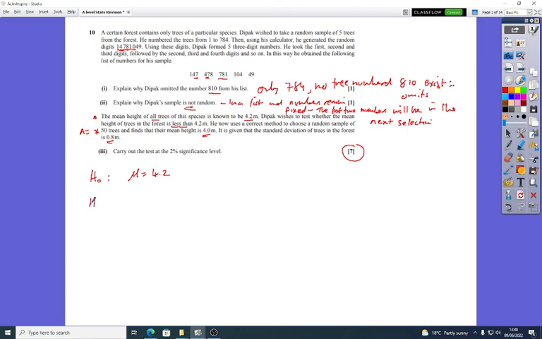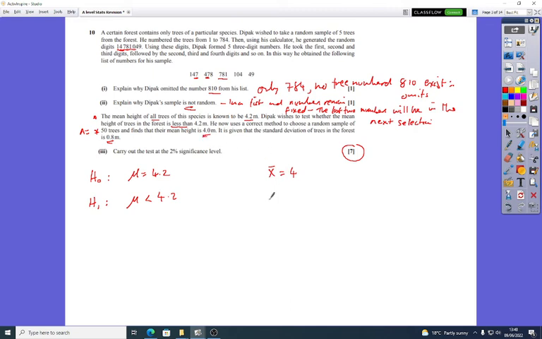So in his statement, he thinks the mean is less than 4.2. So that's important, that we know the population's mean, and he thinks it's less than that. We also know that his sample mean is 4, 4 meters. Right, so there's a mark there, possibly a mark here, but you need to put this next thing.